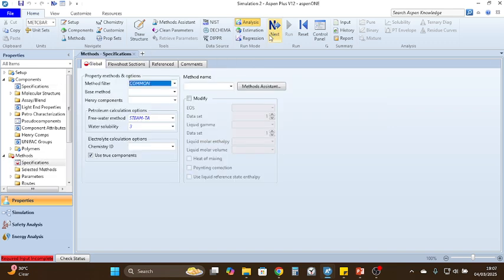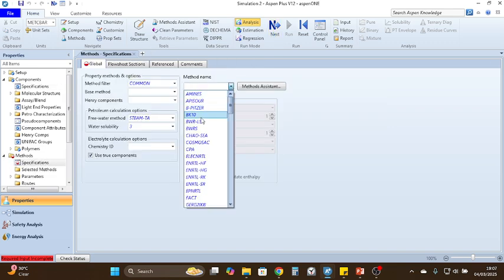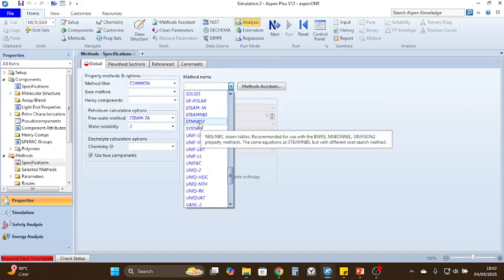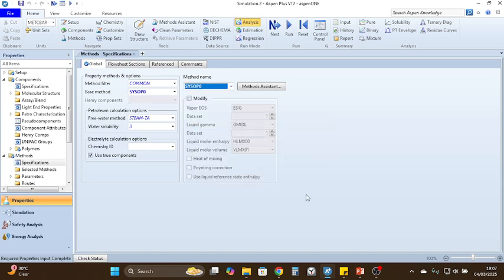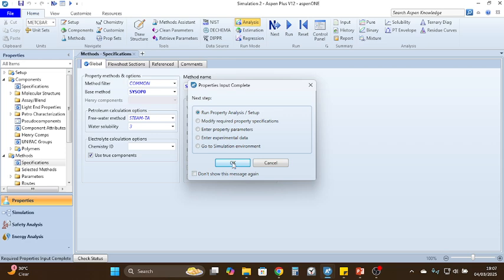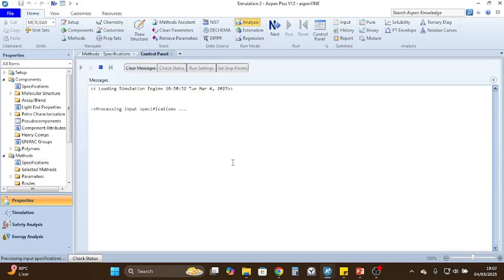We are going to click on next. The method name, we are going to use sysop0. We are going to click on next. We are going to run the property analysis.